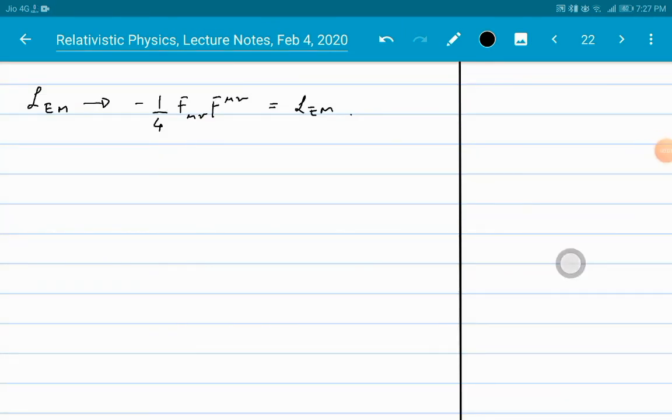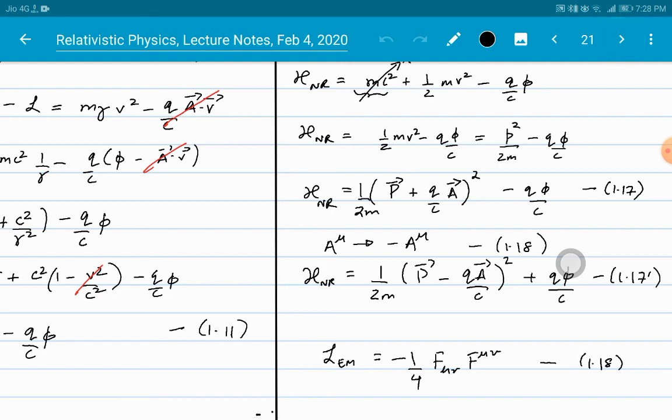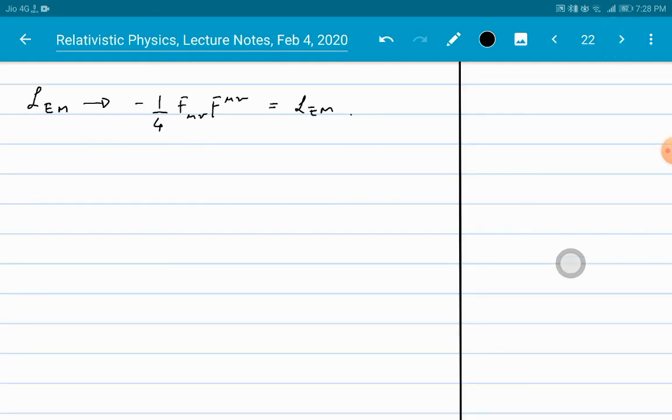Of course, this is no longer true if you add matter into the picture. Why is that? Because then, if you want to add matter, the action for your system will be modified and will look like this.